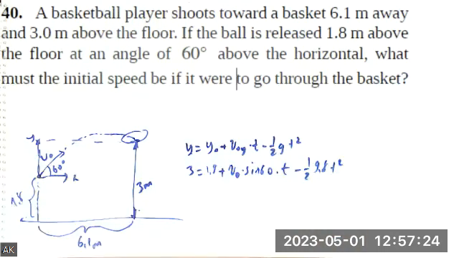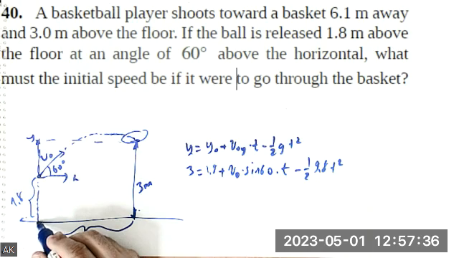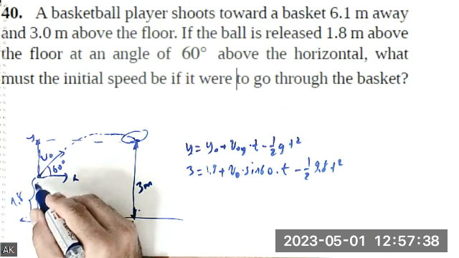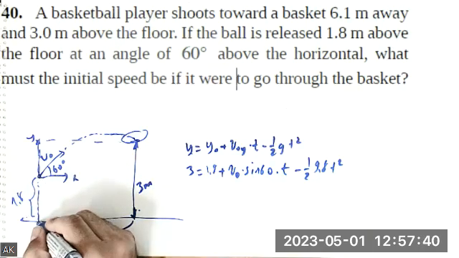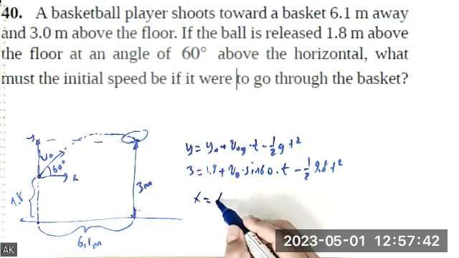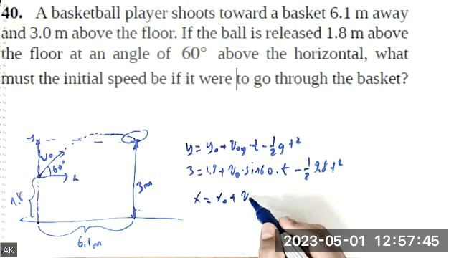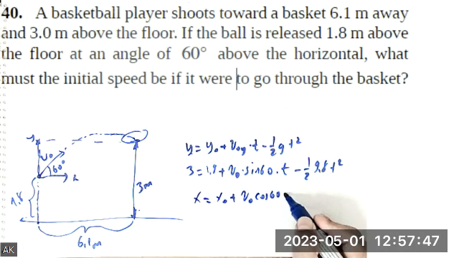Okay. So you don't know v0 and you don't know the time of flight. But there is a second equation in the horizontal direction. In the horizontal direction, x0 is 0. x is equal to x0 plus v0 cosine 60 degrees times t, all right?